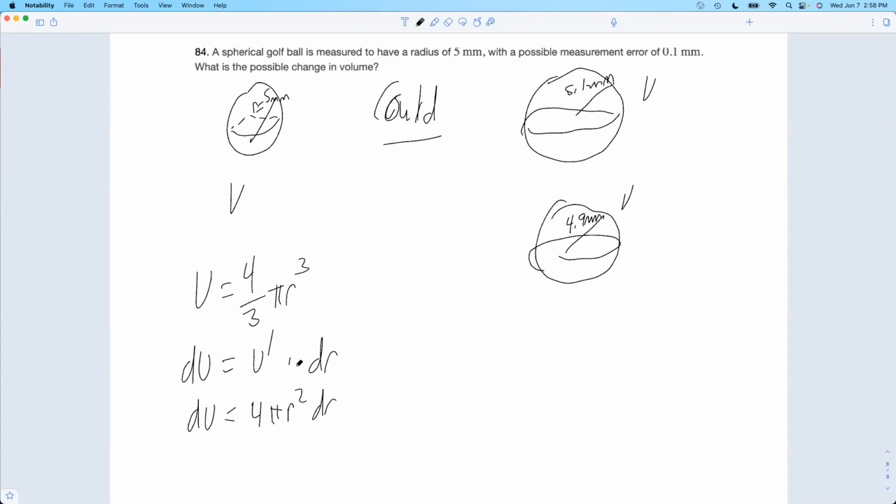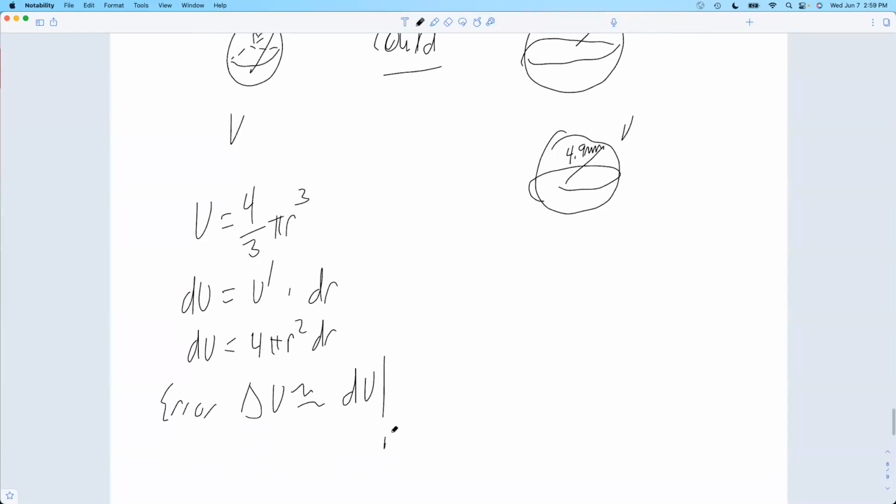Excuse me. Okay, so now my error, my delta V, the error in the volume is approximately equal to what we call dV evaluated at r equals 5 millimeters and delta r or dr is 0.1 millimeters.